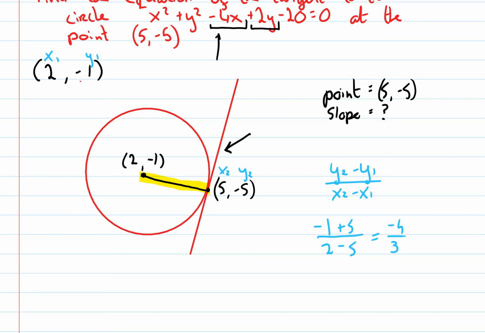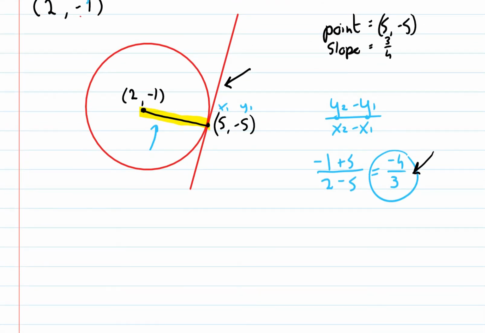Just in case you got confused there, that was my x2, that was my y2, that was my x1, and that was my y1. It doesn't actually matter though, you get the same answer. So there's my slope of this line. I want to find the slope of the tangent. Flip this upside down, change the sign, so I'm going to get 3 over 4.